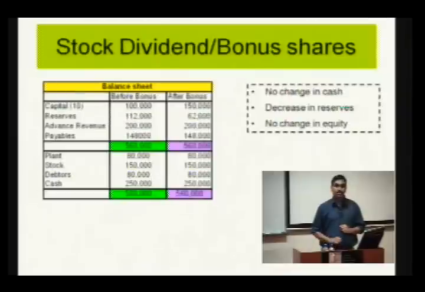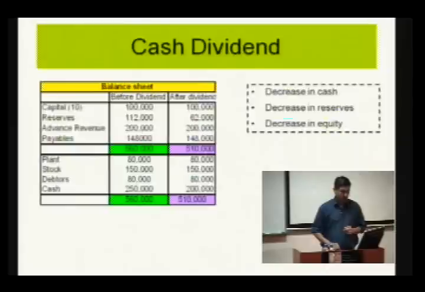But if it is a stock dividend, no change in the cash, whereas the reserves go down. So, the total equity of the company remains the same, but the number of shares issued or number of shares on the balance sheet goes up. So, in case of a cash dividend, cash goes down.